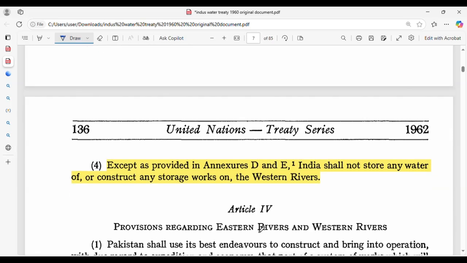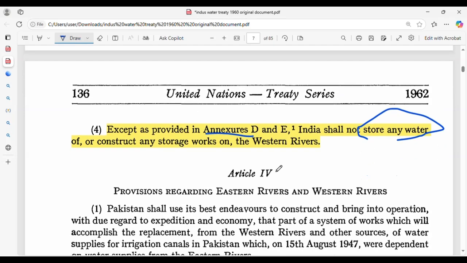Now we come to the except as provided in Annexure D and E, India shall not store any water. In Annexure D, we have that we can use the water for hydroelectric projects, but we cannot store any water or hold any water of the western rivers.